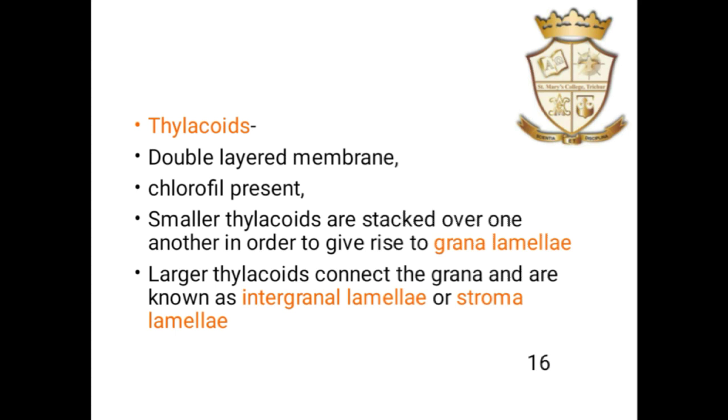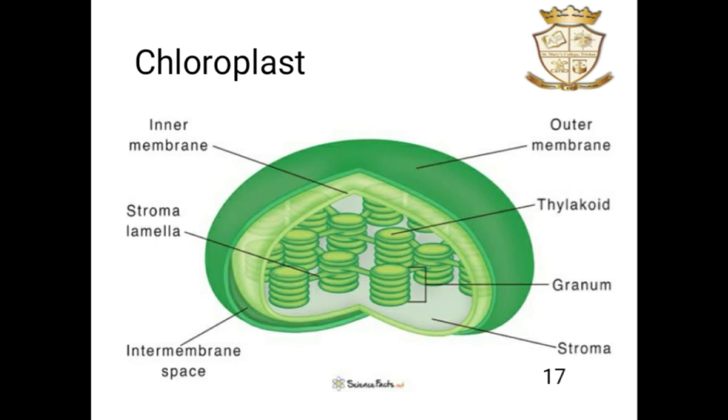The thylakoid is a double-layered membrane containing chlorophyll, and small thylakoids are stacked over one another to give rise to the grana lamella, while the larger thylakoids connect the grana and are known as the integral lamella or stroma lamella.